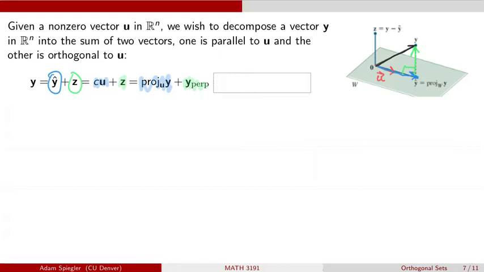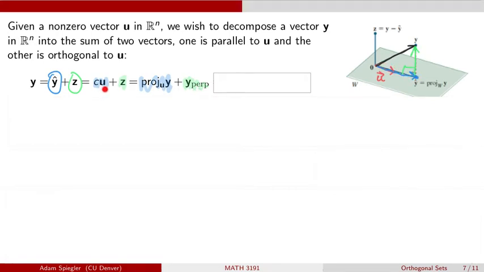And so this vector y hat, which is in the plane parallel to vector u, we can write as some scalar multiple c times vector u. So y hat can be written as a scalar multiple of u, and then this vector z we sometimes denote as y perp to denote that this is perpendicular to the vector u.